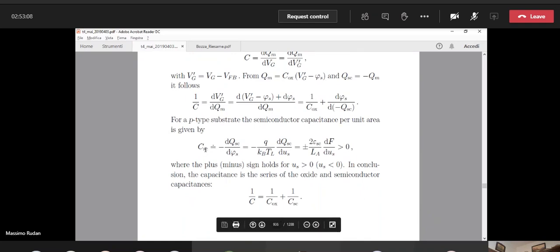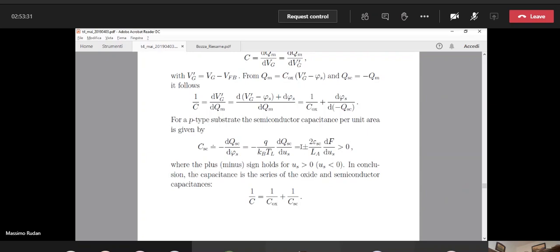And we call this the semiconductor capacitance per unit area, okay? Again, we have the double sign because F has a double sign in it. However, from the discussion that we had, it turns out that this capacitance is always positive, okay?